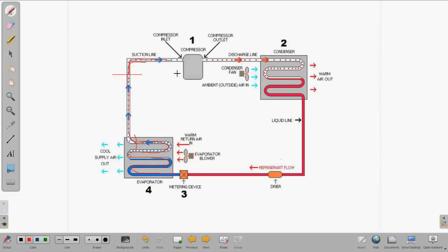So once again, too much refrigerant floods the coil, so it's all liquid as it goes through the coil. Instead of being boiled off at this point, it may not boil off until it gets down the refrigeration line or even all the way into the compressor itself. So you have liquid going back to the compressor, still in the saturated state.